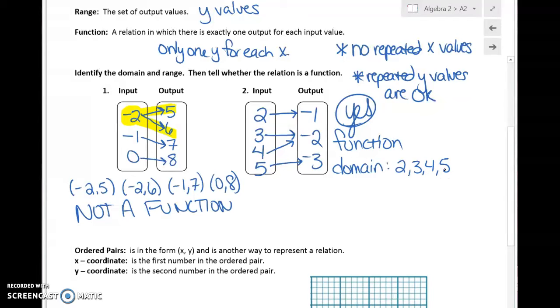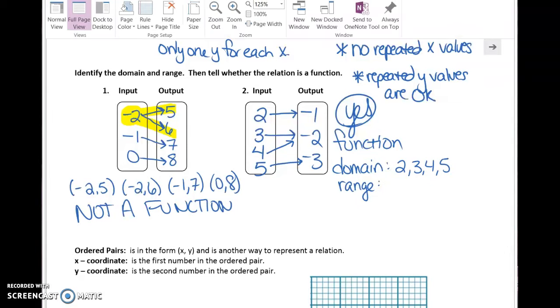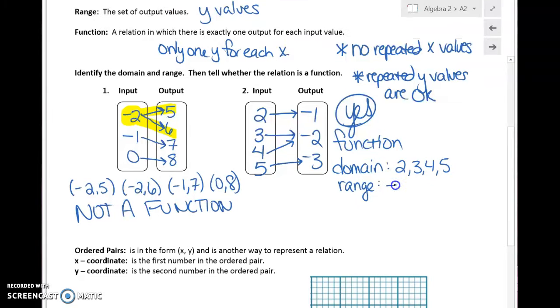So if 2 is on there twice, don't write 2 twice. For the range, all you need to do is write the output values in numerical order. So since I did not write them in the table in numerical order, we should write them in our range in numerical order. So yes, it is a function, and there is the domain and the range.